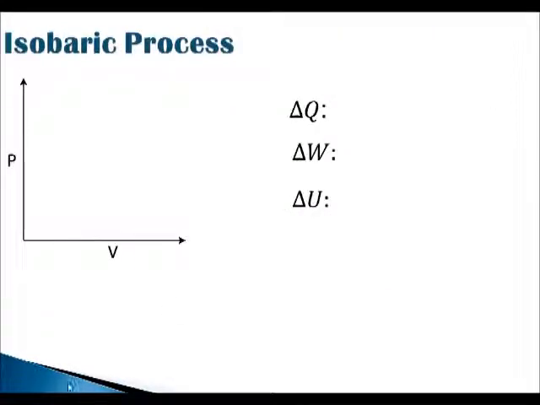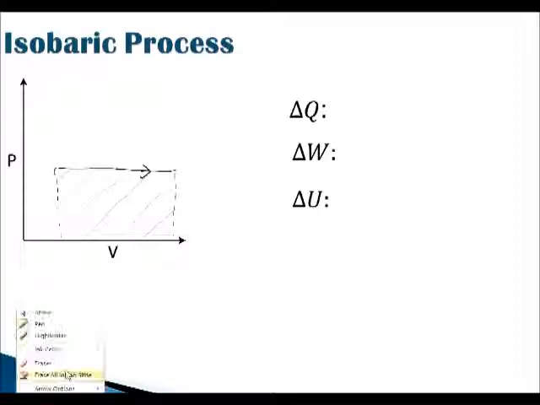Okay, so let's look at some processes. Okay, so an isobaric process. An isobaric process is one with a constant pressure. Now if there's a constant pressure, first of all, we know that the work is just the area under this curve.